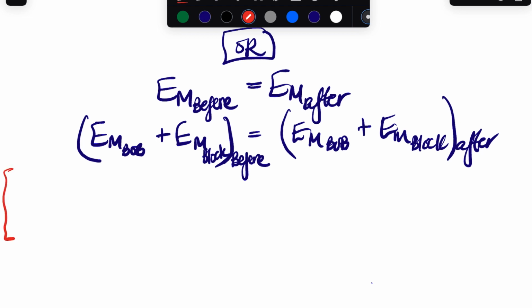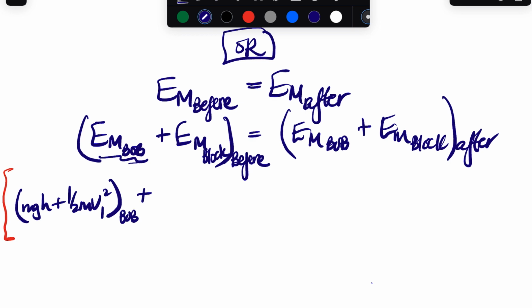Now, guys, let me just put square brackets. We know the mechanical energy here is going to be mgh plus half mv initial squared of the bulb, plus the mechanical energy here, mgh plus half mv initial squared of the block.